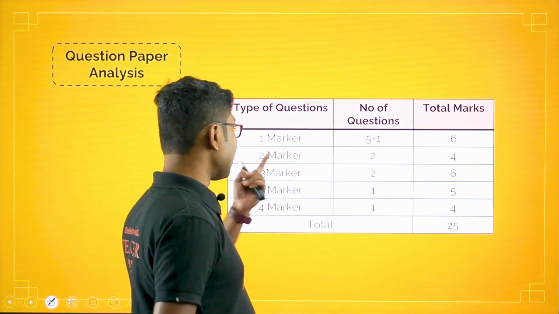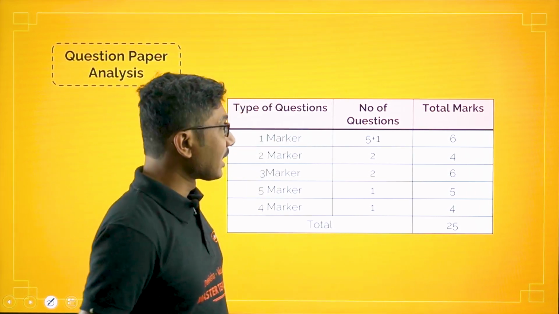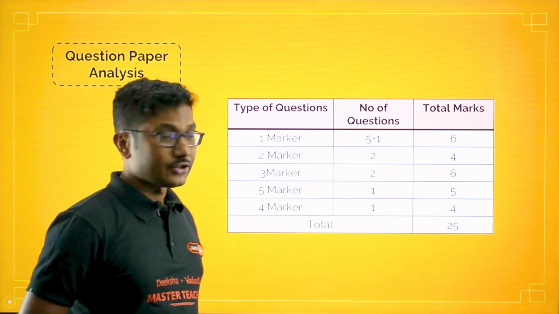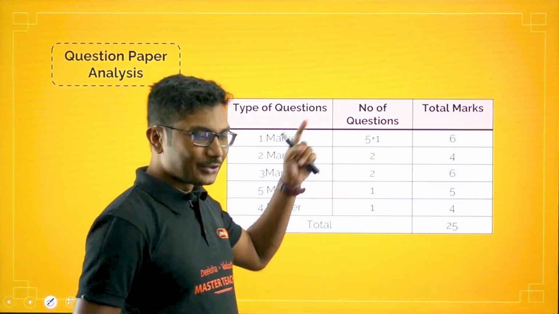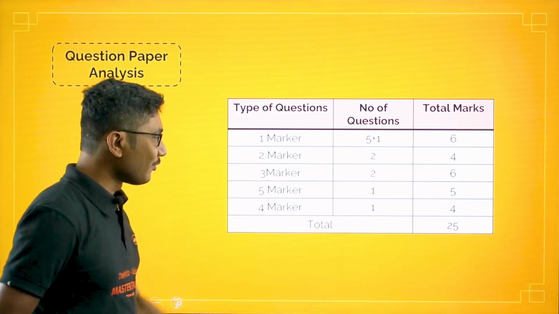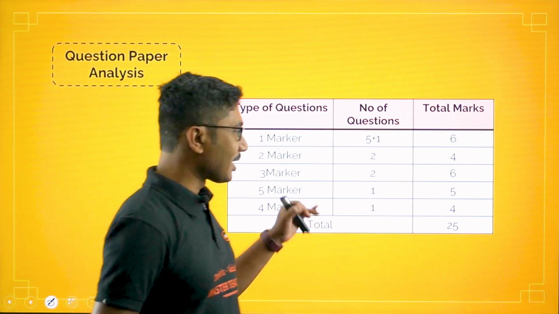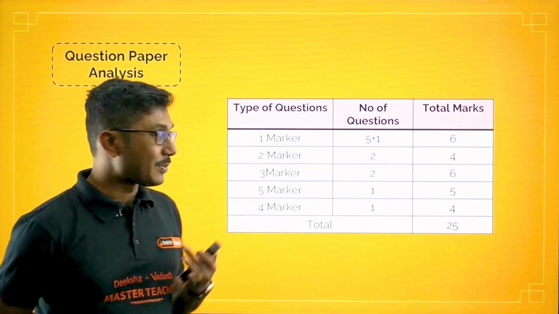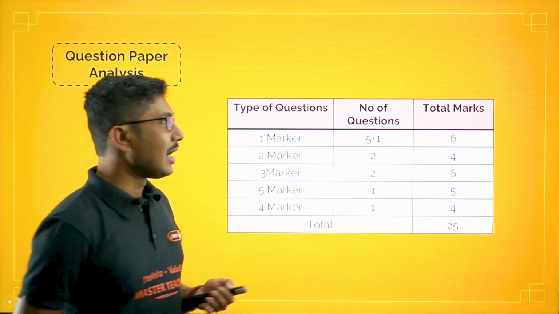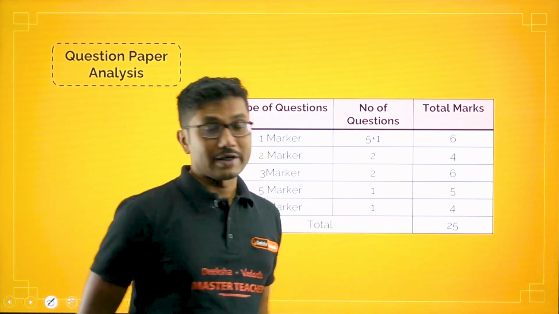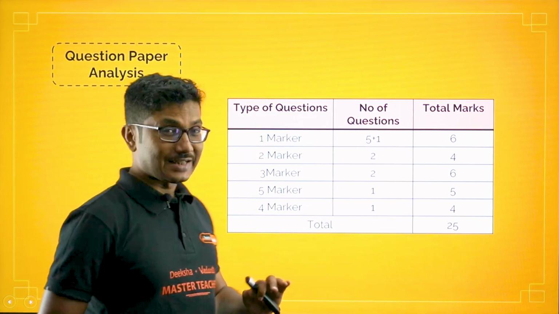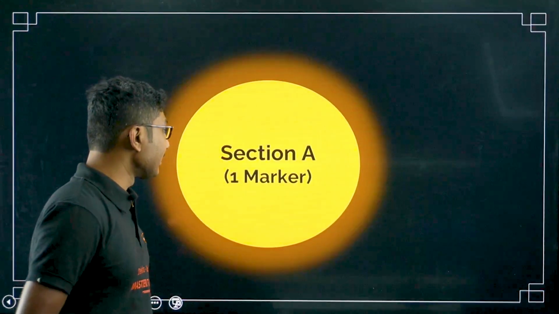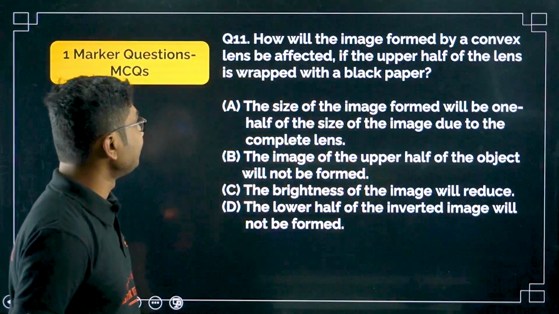Then we have 3 2 marker questions, 2 3 marker questions, 1 5 marker and 1 4 marker question, so the total is 25 as usual. In the last paper the number was slightly above 25, so this is a very standard paper. Let's start with the 1 marker section.